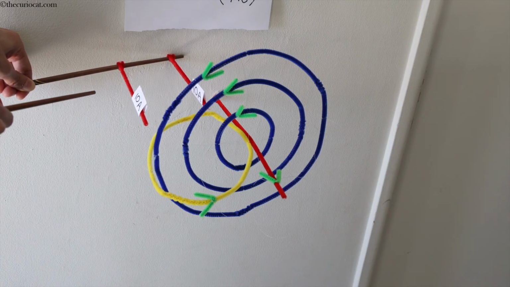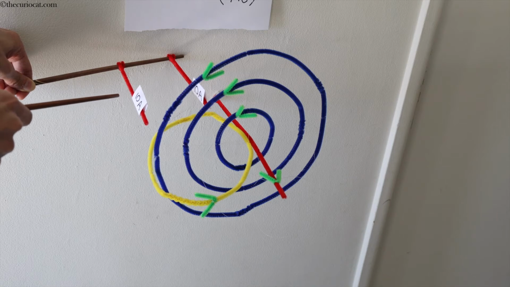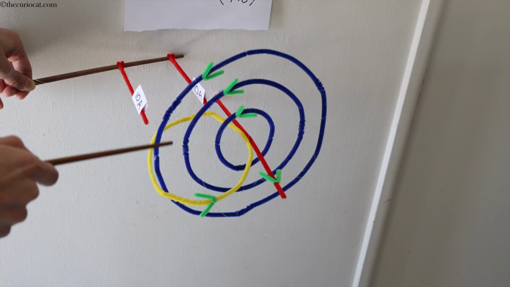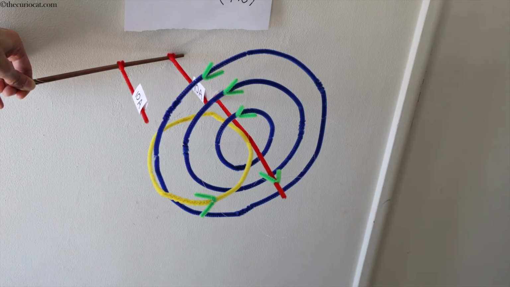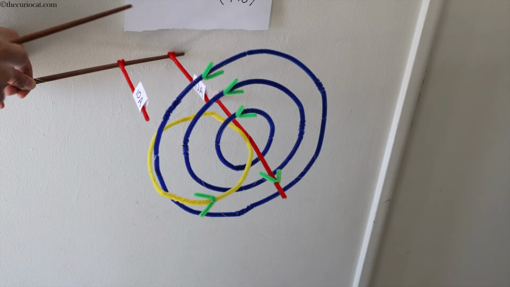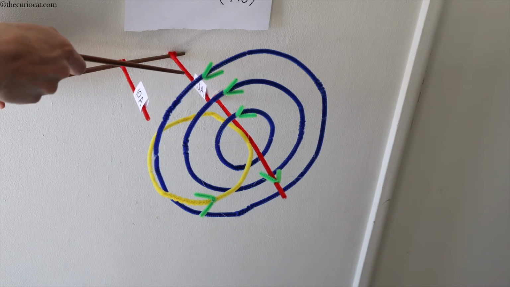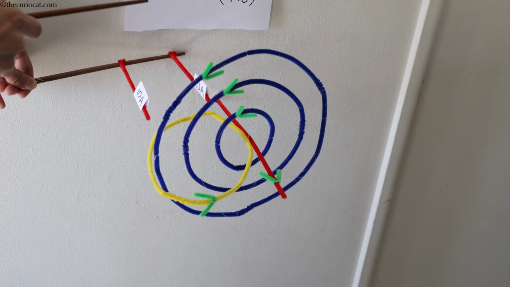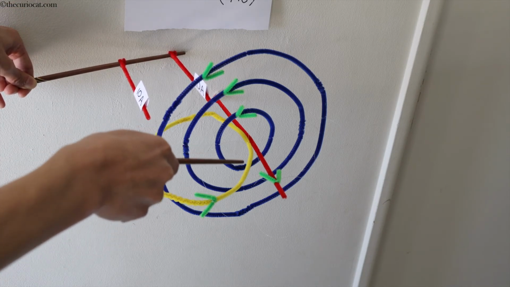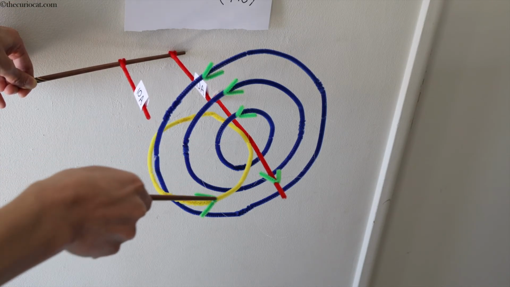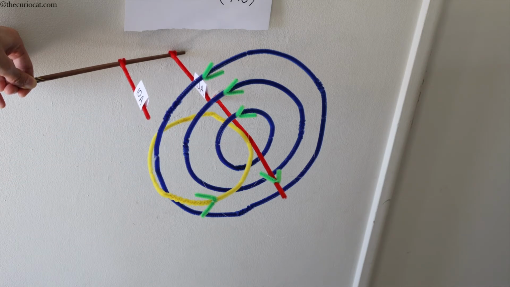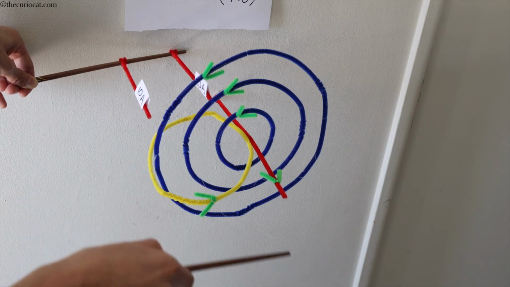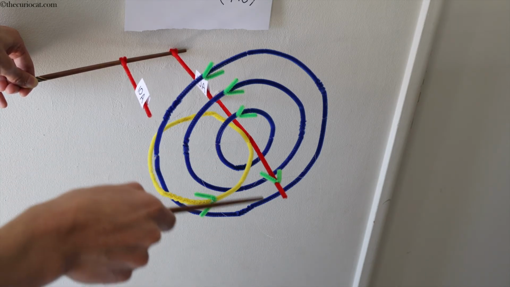So, you have 10 amperes going into the magnetic field, and you will have 11 amperes coming out of the magnetic field. Now, when this inner red line passes through the magnetic field, you see that the eddy current flows in the opposite direction. So, you have 10 amperes going into the magnetic field and 9 amperes coming out of the magnetic field.